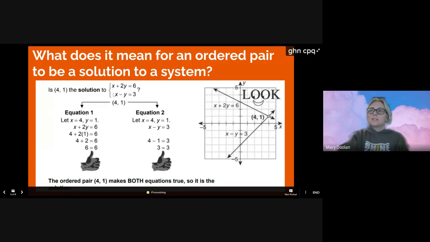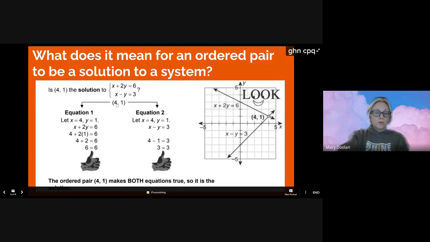Okay, so this is a system of linear equations. It has 2 equations. This first equation has an x and a y. The second equation has an x and a y. So this is a system of linear equations. And one way that you can find out if an ordered pair is a solution is to take that ordered pair and then take each of the 2 equations, and we're going to substitute in the values from this ordered pair.